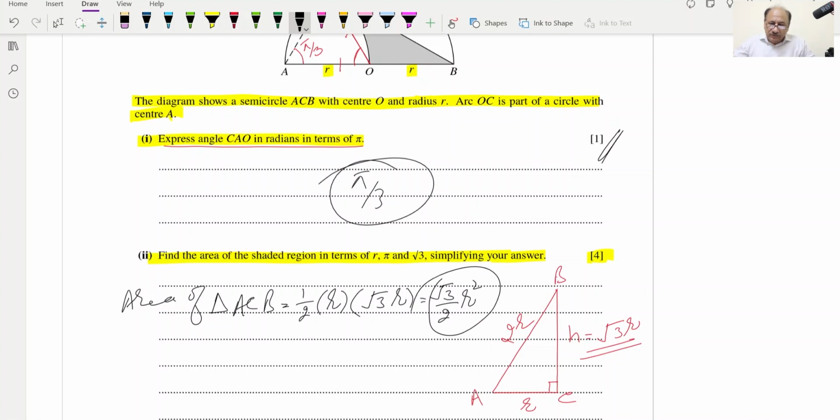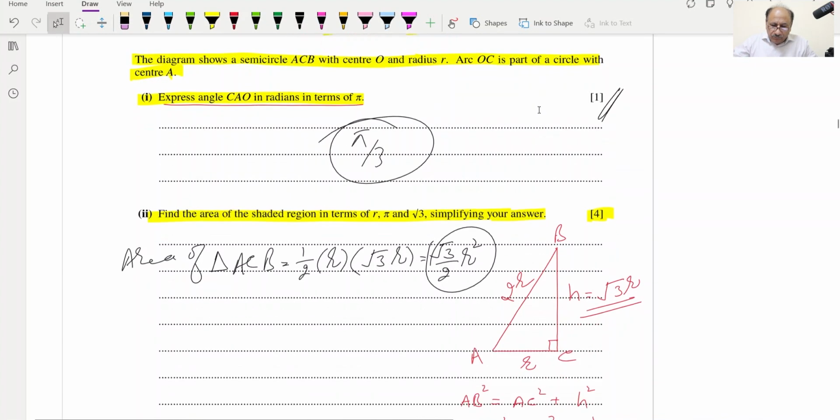This is the area of the triangle which we found.